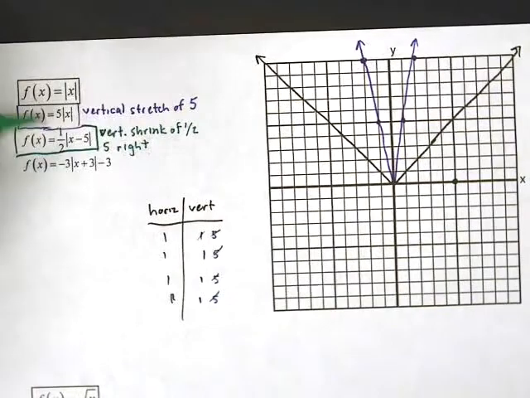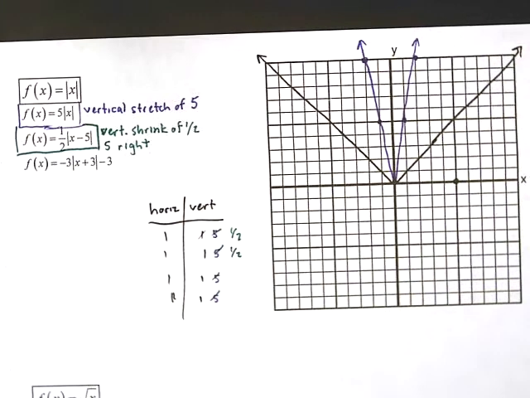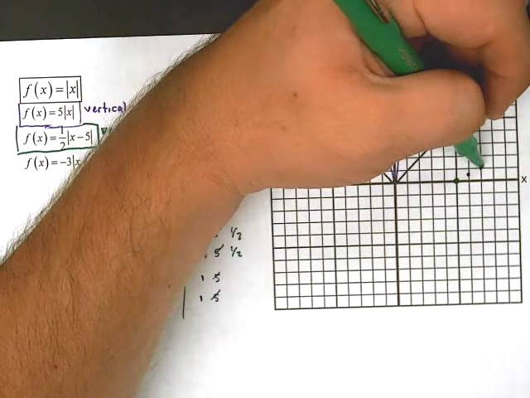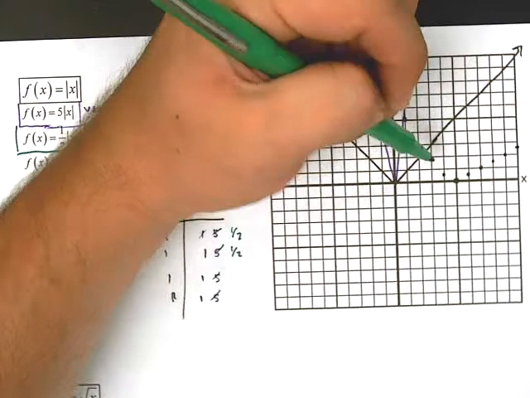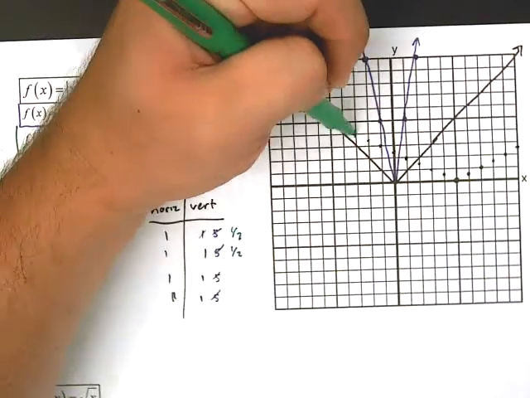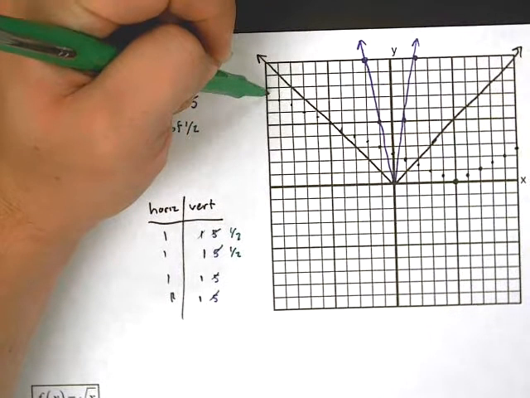My vertical shrink was half, so I multiply by half. So I'm going to go over 1 up half, over 1 up half, and so on. I could keep going the other way, too.